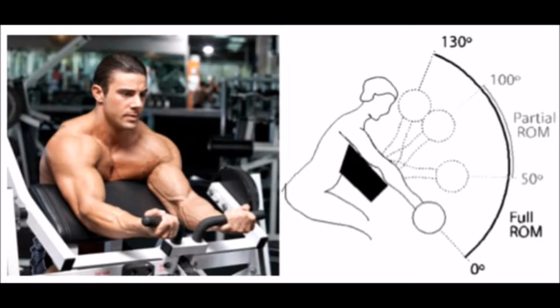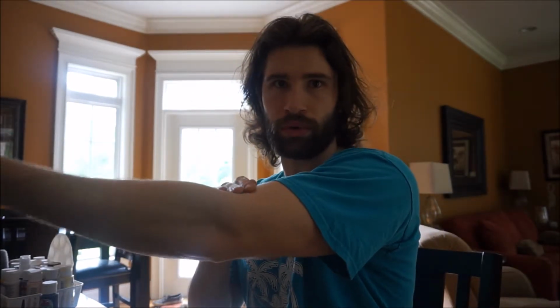A partial range of motion would be like in this diagram, moving between 50 and 100 degrees. The full range of motion would be going from 0 to 30, right when tension's barely on the muscle, say 1%, all the way up to 130, which would be a complete flex.